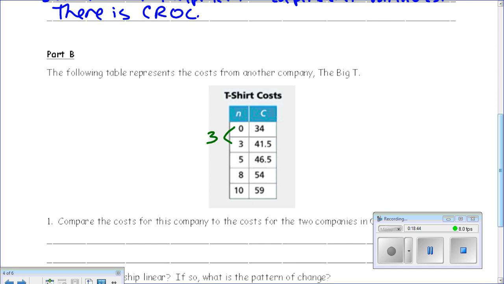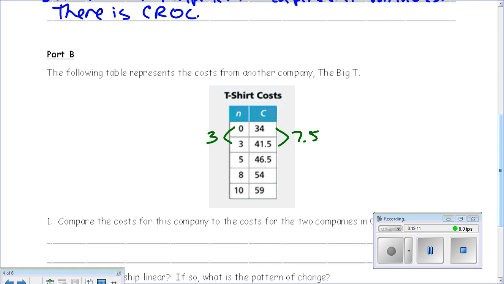So what about my cost? Brayden, what are we going from? 34 to 41.50. So what's the difference there? $7.50. And that's for 3 shirts. So how would I determine what one shirt costs?